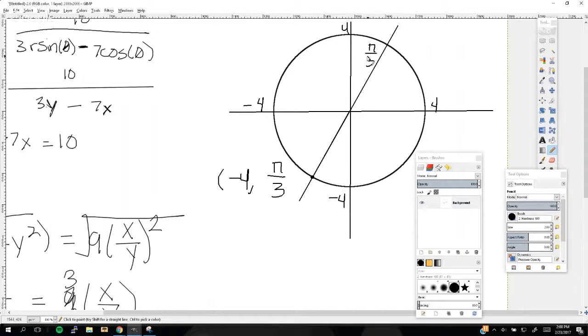And then 4 and -2 pi over 3, because 2 pi over 3 is the one that's right here on this side. So it'd be kind of like inverted. I agree.